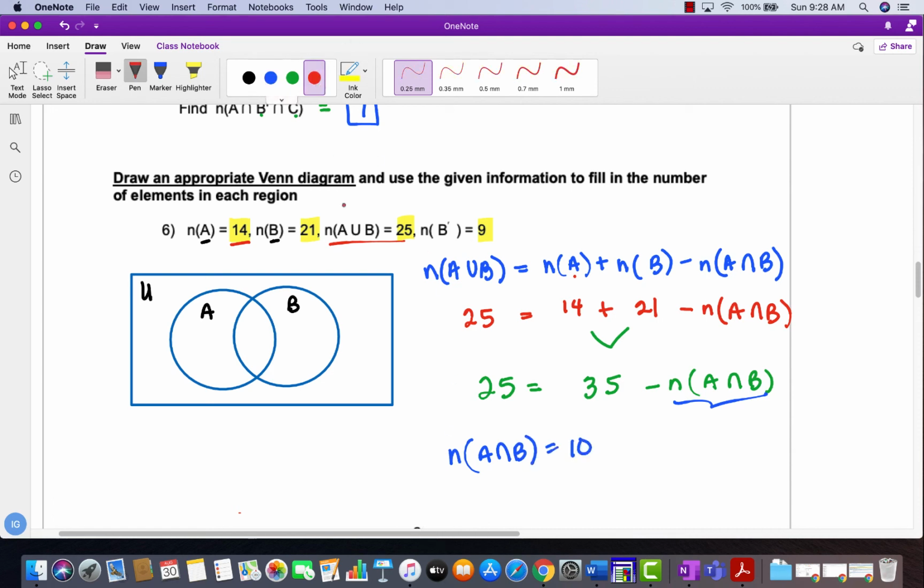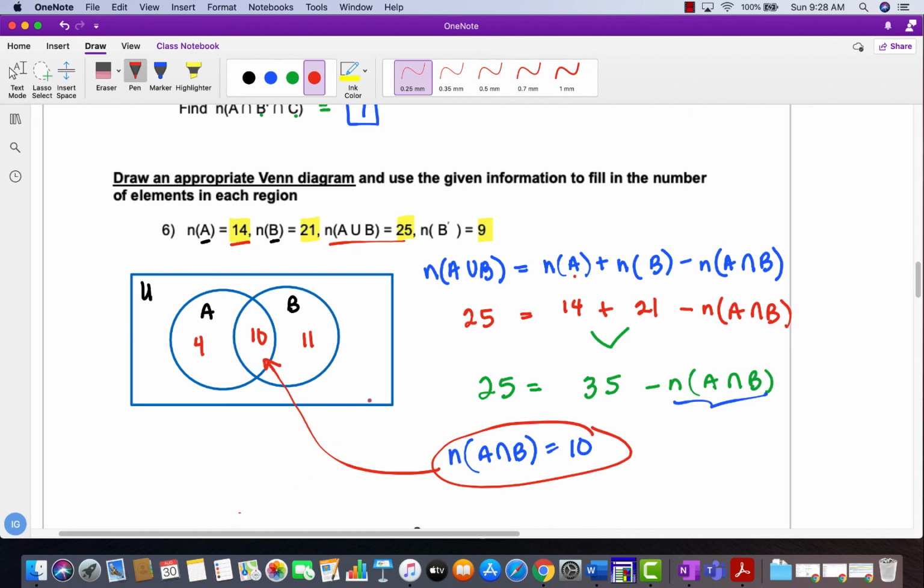And that's how I know, because of this, the intersection is 10. Yay, that's going to help us a lot. The reason is because I already know the elements in A is 14. So if this is 10, I just need a 4 in here. And this is 21, so if I have a 10 here, that means I just need 11.